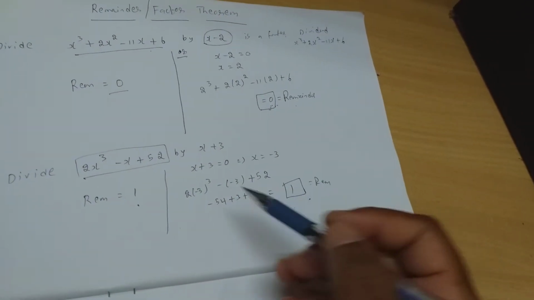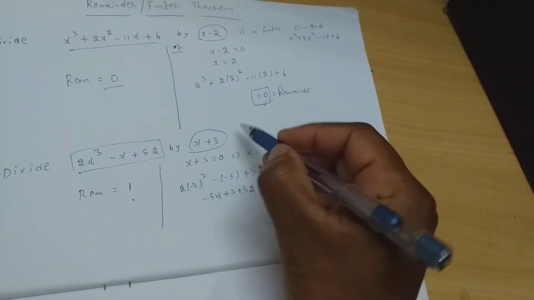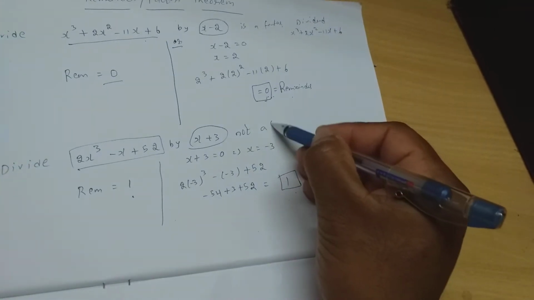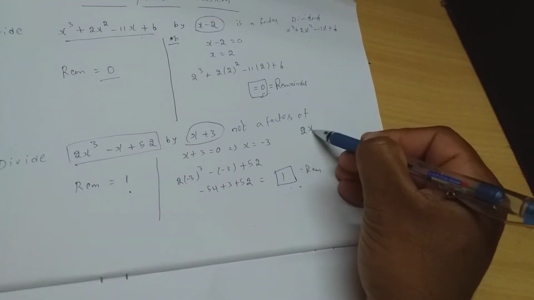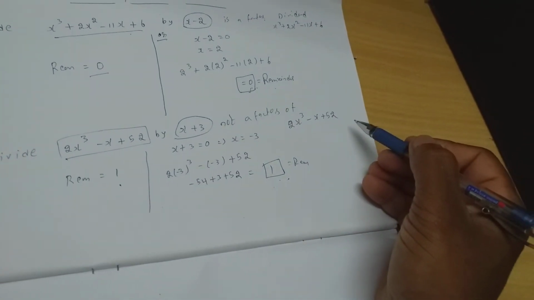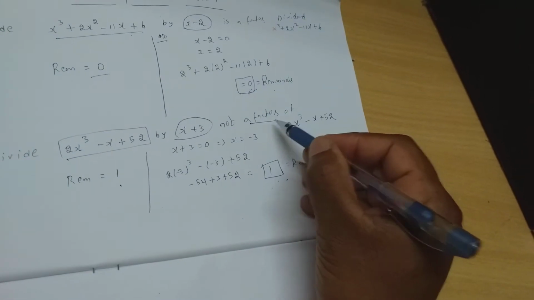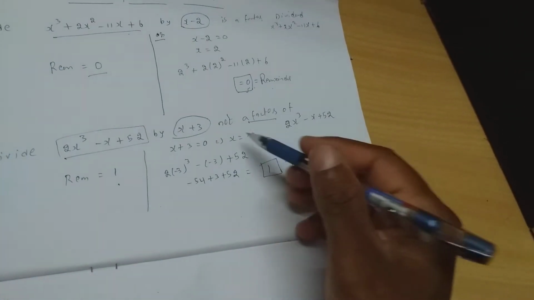Now in this case, did I get the remainder to be 0? No. So x plus 3 is not a factor of 2x cube minus x plus 52. Are we clear? To say anything is a factor, the remainder must and should be 0. If it is not 0, I call it not a factor.